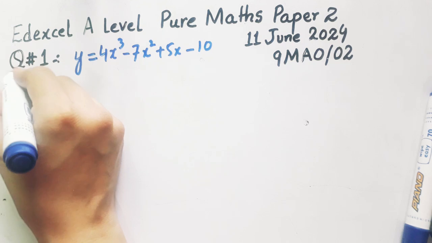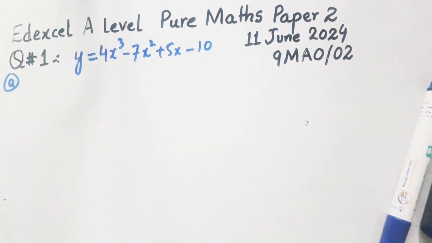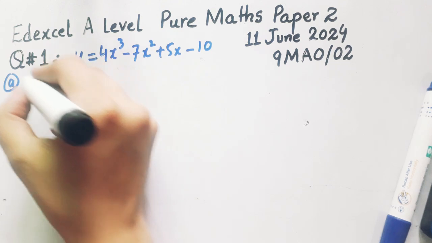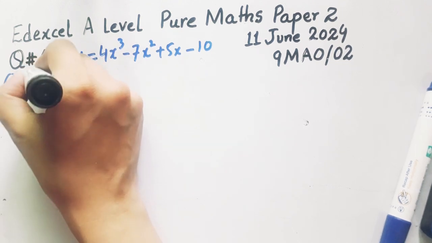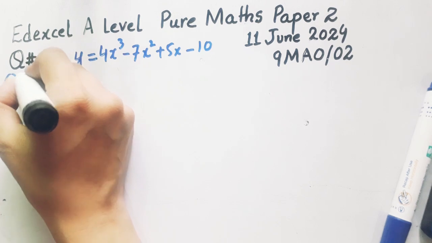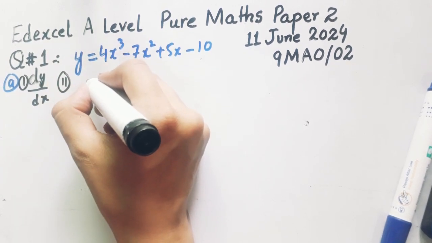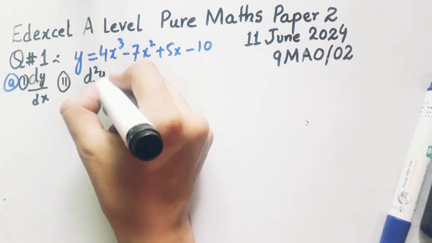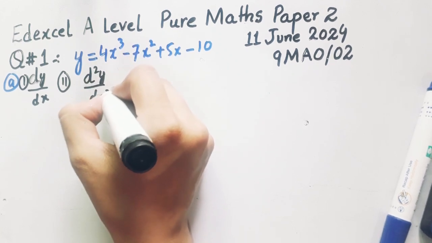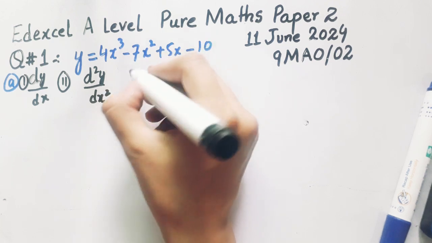In the A part, you have to find dy by dx in the first, and in the second you have to find d square y over dx square. It means double differentiation with respect to x.